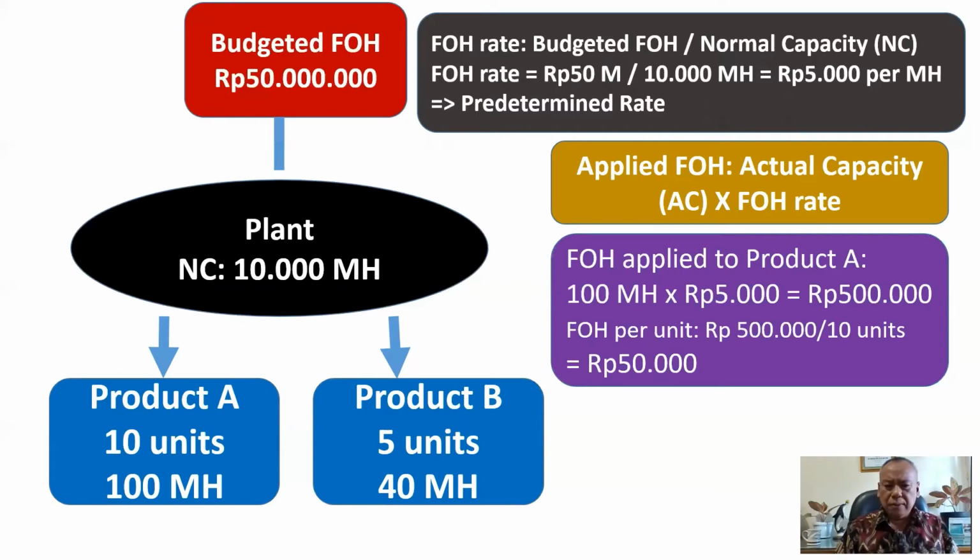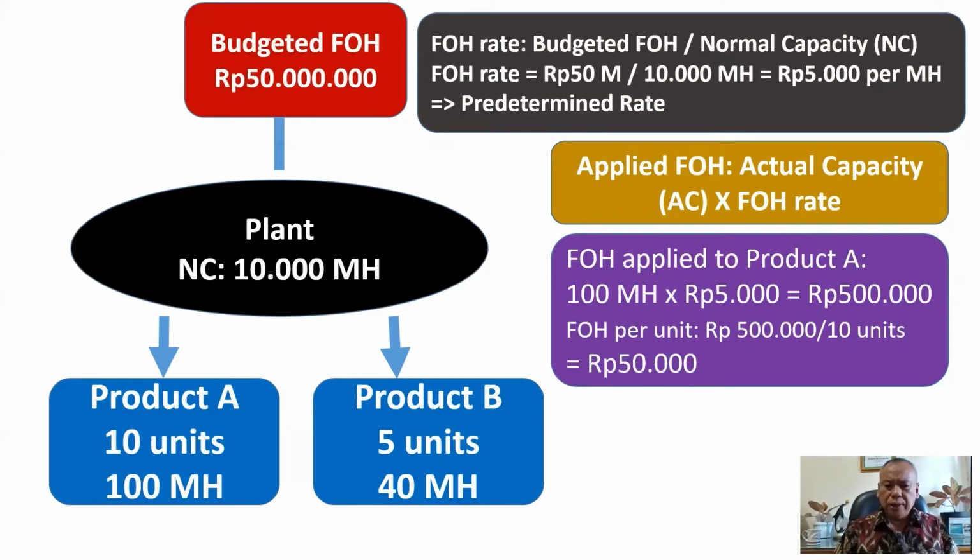So 100 machine hours times the factory overhead rate, in this case 5,000, so we find the total applied factory overhead costs 500,000.